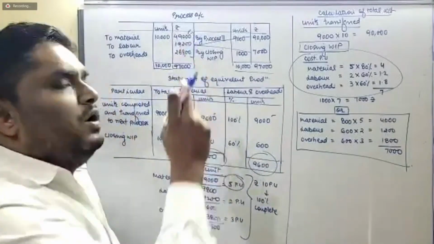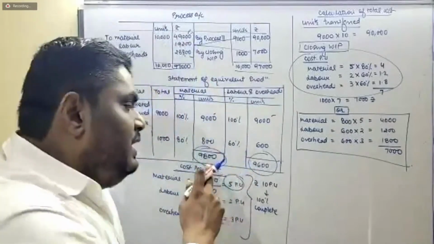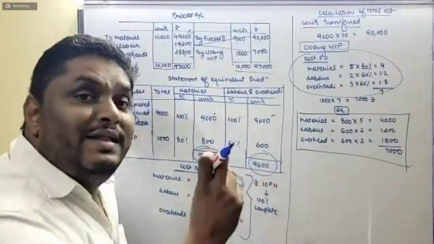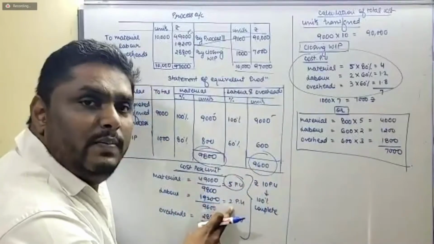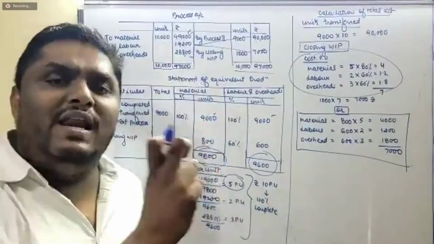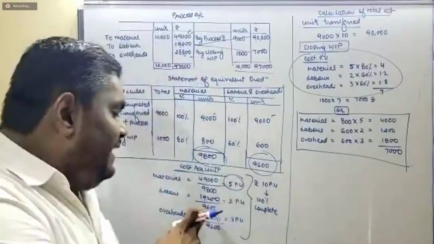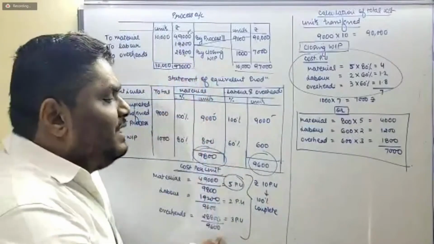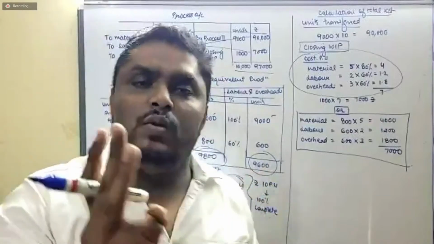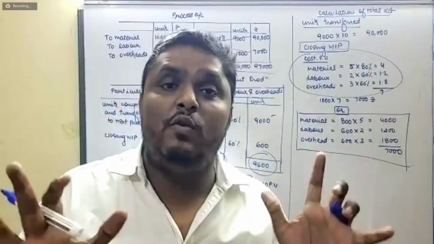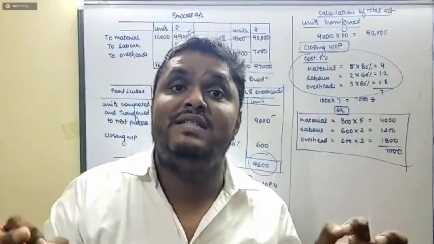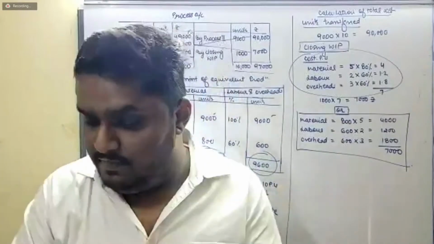Similarly, for labor, my cost is 19,200, divided by 9,600 equivalent units that are 100% complete. So this will be rupees 2 per unit. Similarly, for overheads, my cost is 28,800 divided by 9,600 units. So my cost will be rupees 3 per unit. So 5 plus 2 plus 3, rupees 10 is the cost of units that are 100% complete.